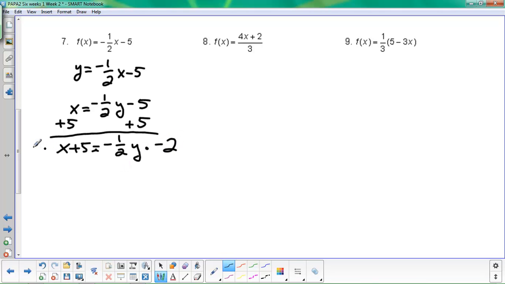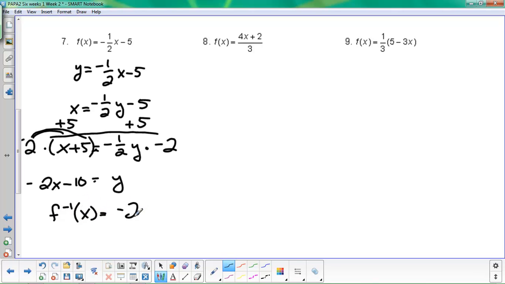That's how you get rid of a fraction. Remember, you're multiplying everything by negative 2. So now I get negative 2x minus 10, hippity hoppity distributive property, equals y. So now I get f to the negative 1 of x equals negative 2x minus 10.